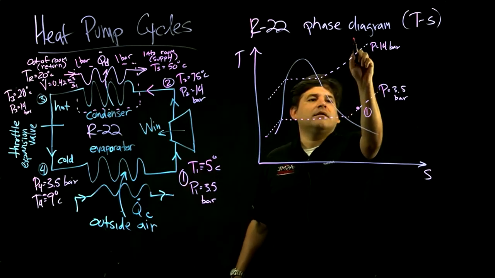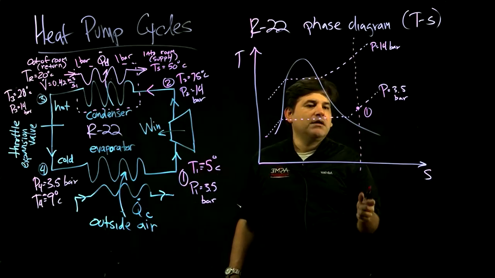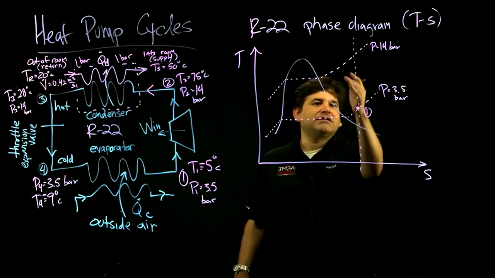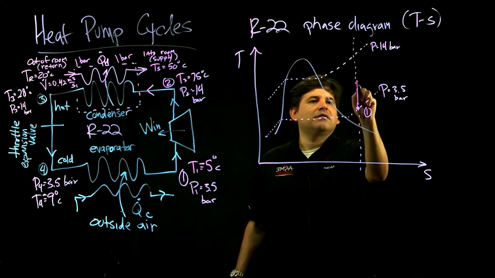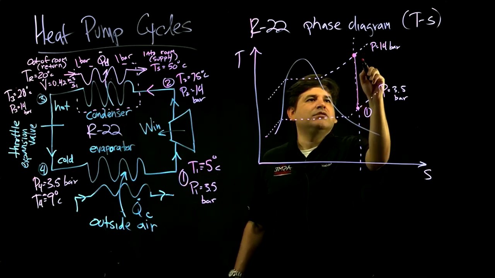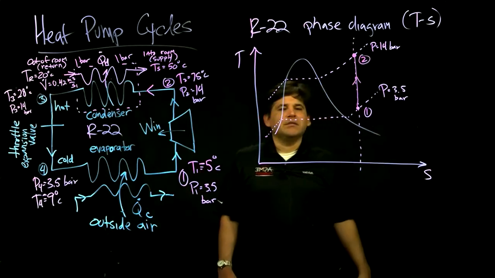And then let's neglect any entropy effects. So this would be an isentropic compression. So there's no delta S. It's just going straight up on this diagram to a higher pressure and higher temperature to state 2. So this would be the isentropic compression.